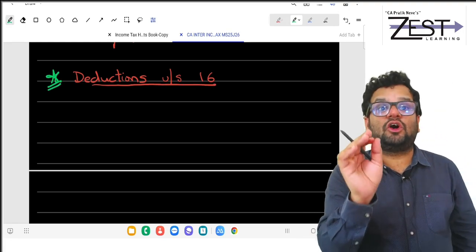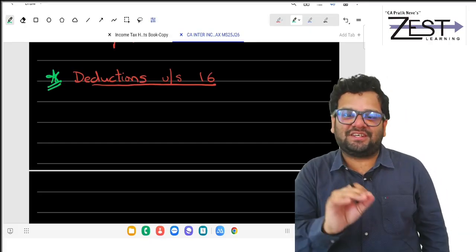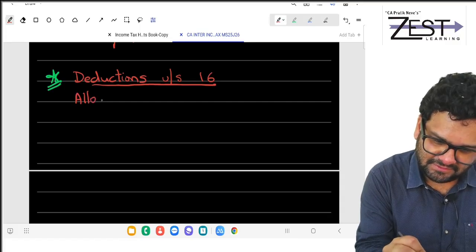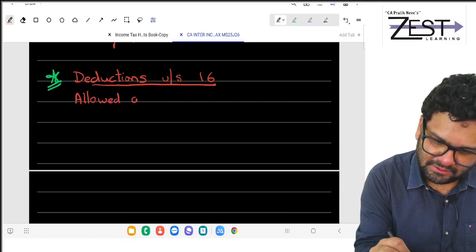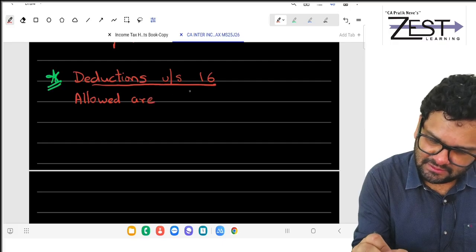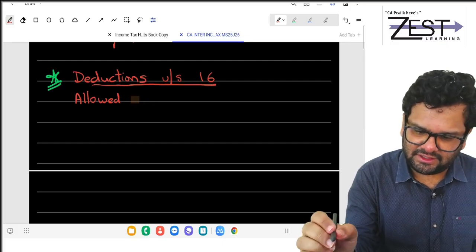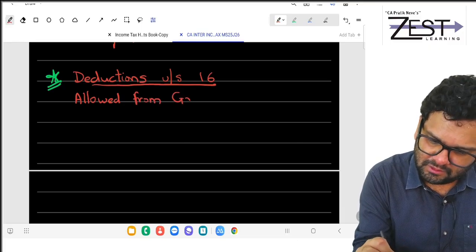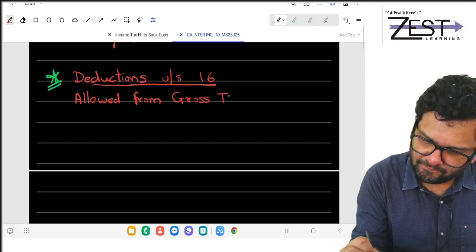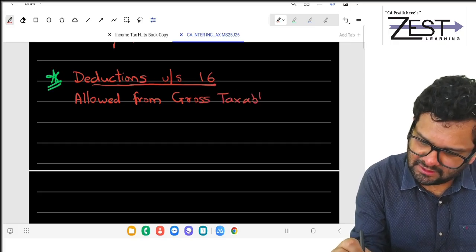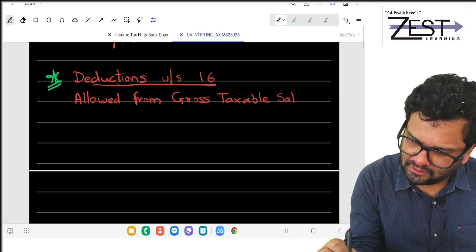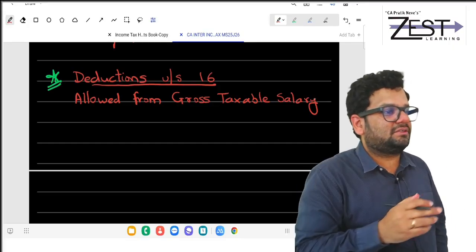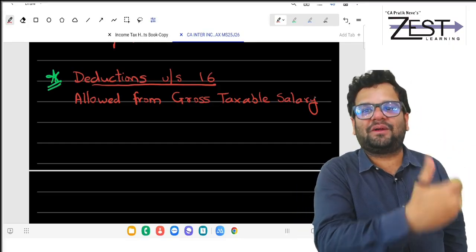Okay, deductions under section 16. These are allowed from GTS. What is GTS? Yes, these deductions are allowed from gross taxable salary. I am directly going to deductions because I am assuming that you know the format.